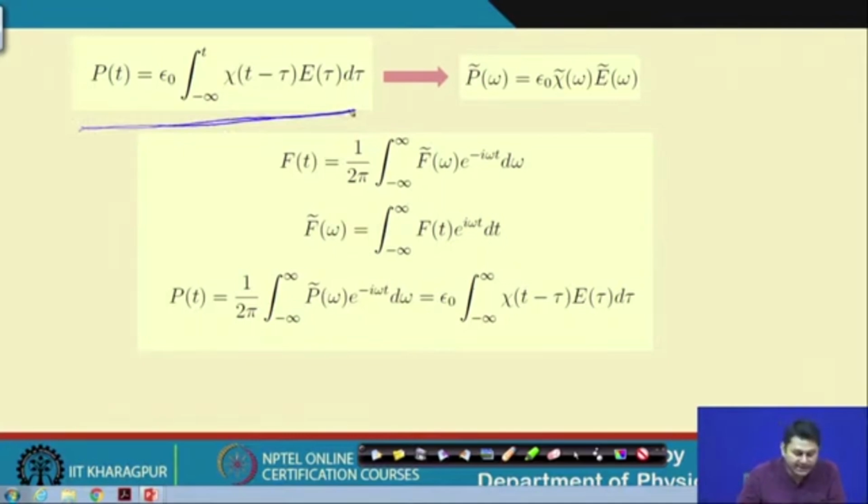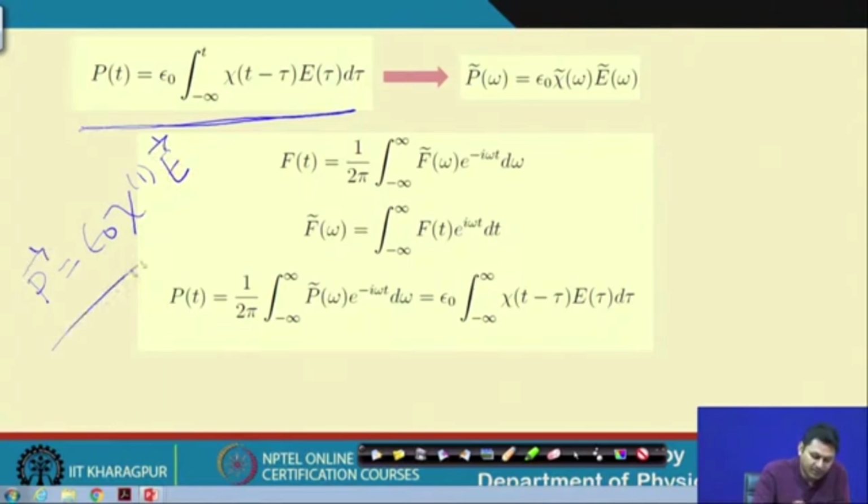So far we are writing the expression like P is equal to epsilon 0 chi 1 E, that was my expression all the time. If I put the vector sign, fine, but I never mentioned what the function is. P is a function of t, E is a function of t.